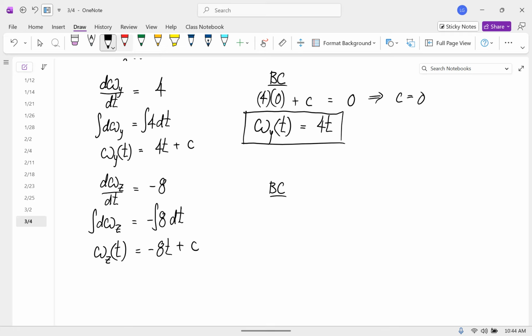The boundary condition says when time is equal to 0, omega z is equal to 0. So we have -8 times 0 plus c is equal to 0. So c is equal to 0. And so omega z as a function of time is equal to -8t.